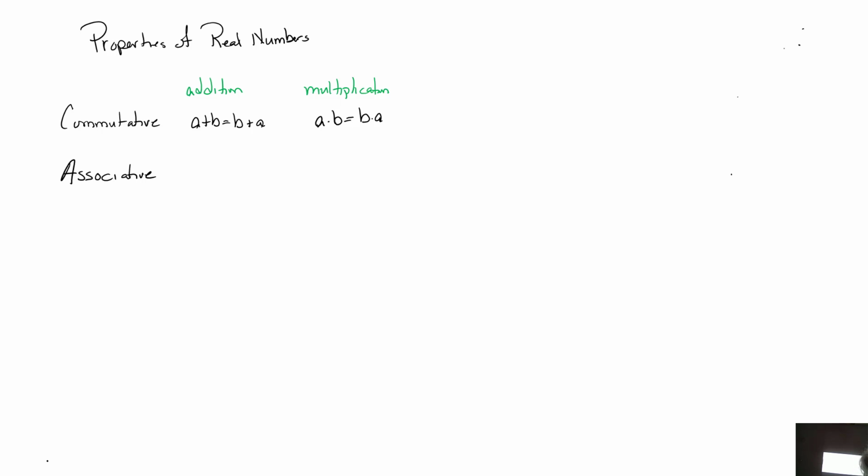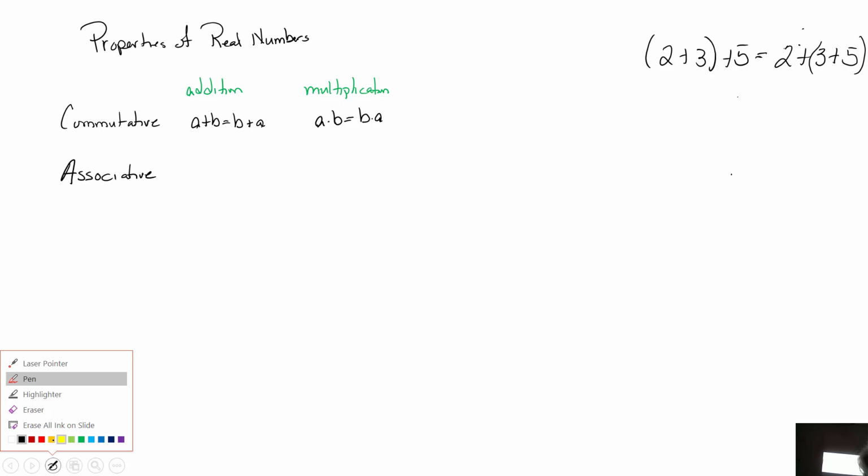Well, let me give you an example. If I take 2 plus 3 plus 5, would this be the same if I kept the order the same, but instead of adding 2 plus 3 first, if I added 3 plus 5 first, would I get the same answer? Well, let's check it out.